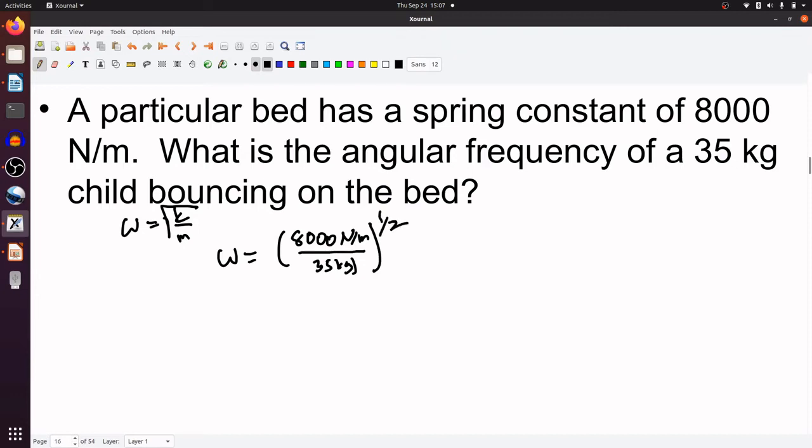I didn't put a square root, so we're just going to raise it to the 1/2 power and call it good. That's what I do in my calculator anyways. I don't even know what the square root button is, so I just raise everything to the 1/2 power. 15.1 radians per second.